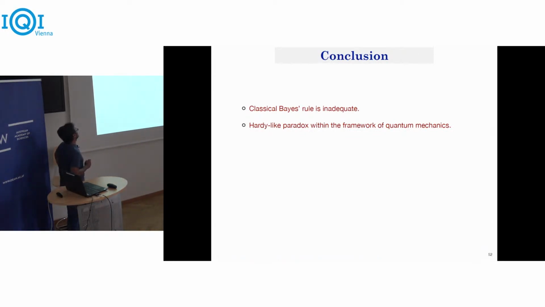First, what we have seen is that the classical Bayes rule is inadequate, because in quantum mechanics we know there is contextuality, which means the classical Bayes rule actually doesn't work. We also showed that even in a setup like Hardy's paradox, where we consider quantum mechanics to be non-local, you can have these contradictions, but they come solely from the limitation of classical Bayes rules.